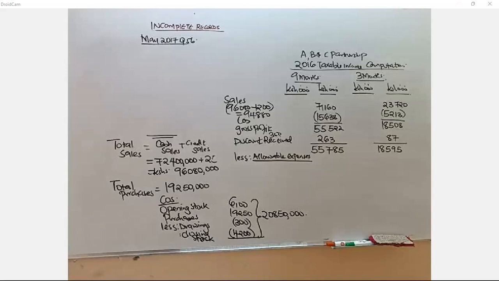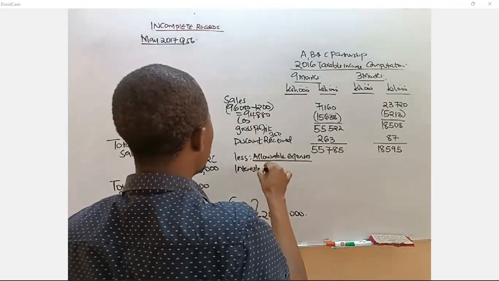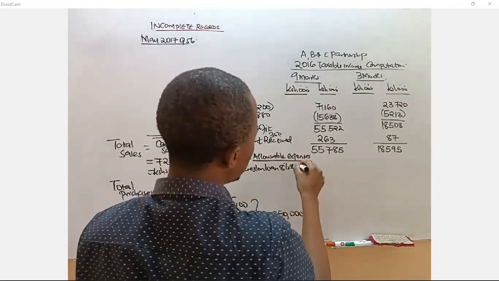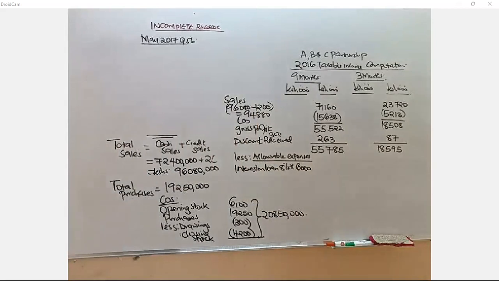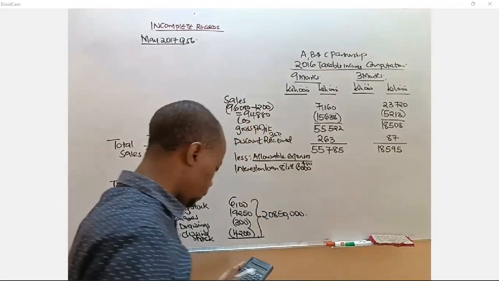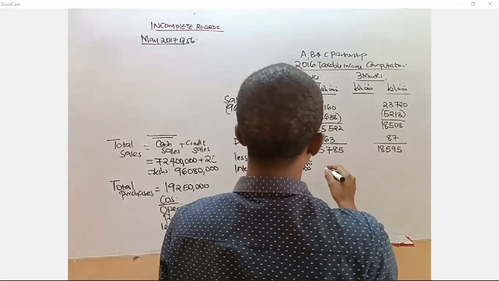Under the additional information number 1, because there is a loan that we took, the interest on loan should be how much? I can see it was 8% of 6,000, you are getting 480. 480 times 9 divided by 12, getting 360.